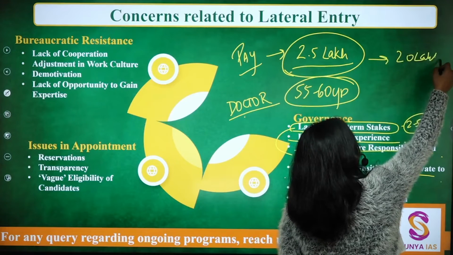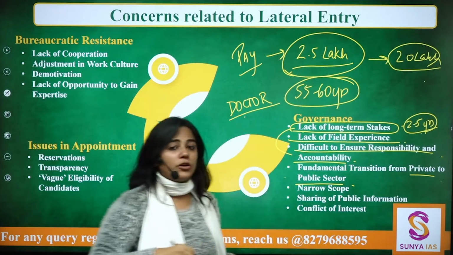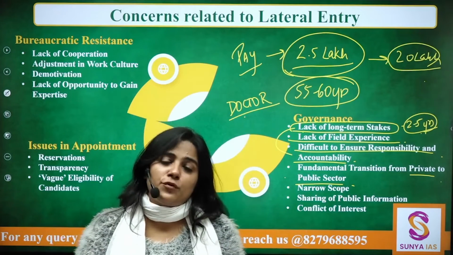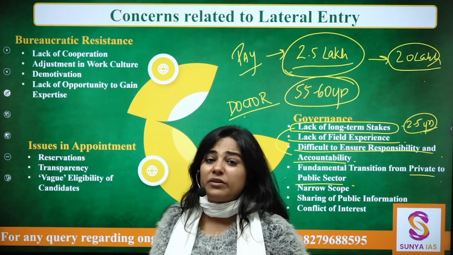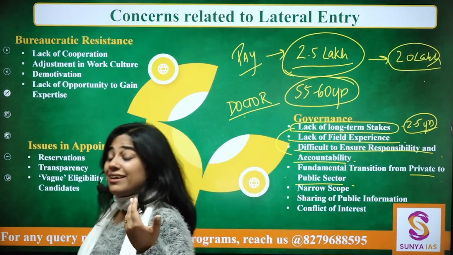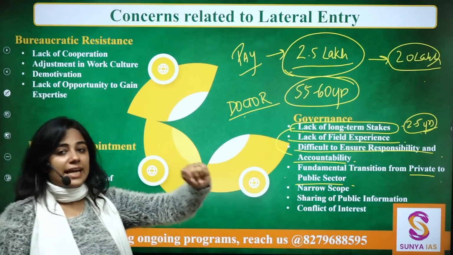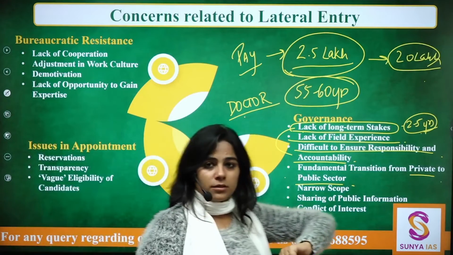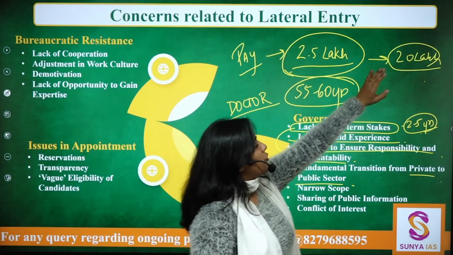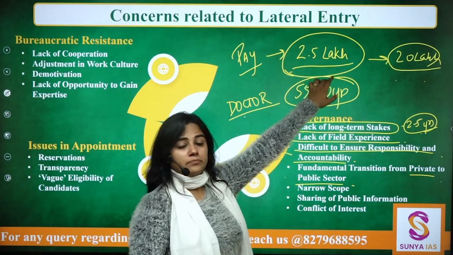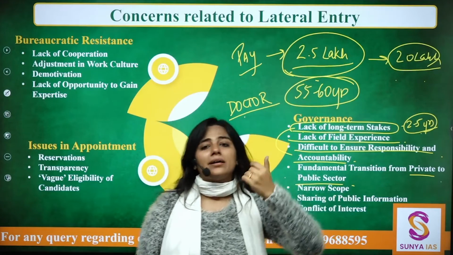For a successful corporate business owner or even a corporate employee, there are people in the topmost elite category who are earning 20 lakh a month. Okay, so from here to here, there is no comparison.